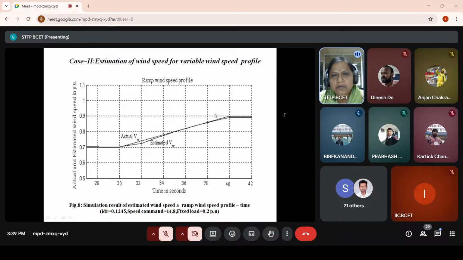So 0.7 to 0.9 it is switching and is taking a shape like this. The actual one is like this, and in the estimated you can find little bit of deviation, but here it is almost the same. Little bit of deviations are there. If you calculate, actual and estimated wind speed are in per unit, and this side we are taking the time in seconds. Like 30, 32, 34, these are the time in seconds.